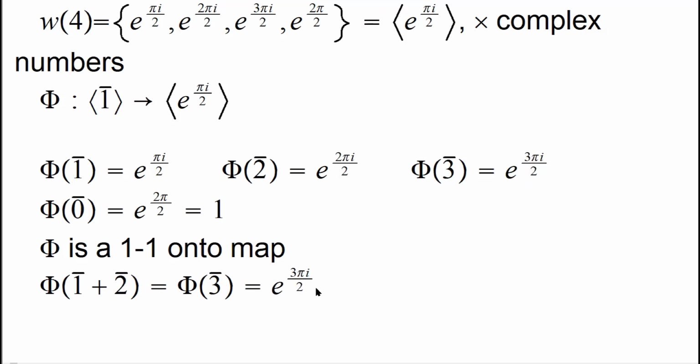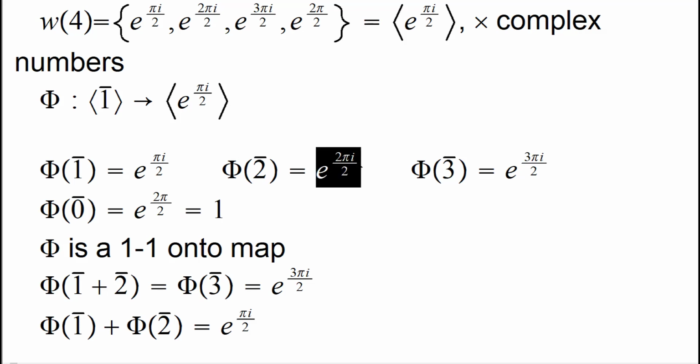And the way we constructed the definition, even if we do this, that is add the images separately, that is, we got this here, then we got this here, then phi of 1 is this, and that of 2 is this right here, and the operation here is multiplication of complex numbers.